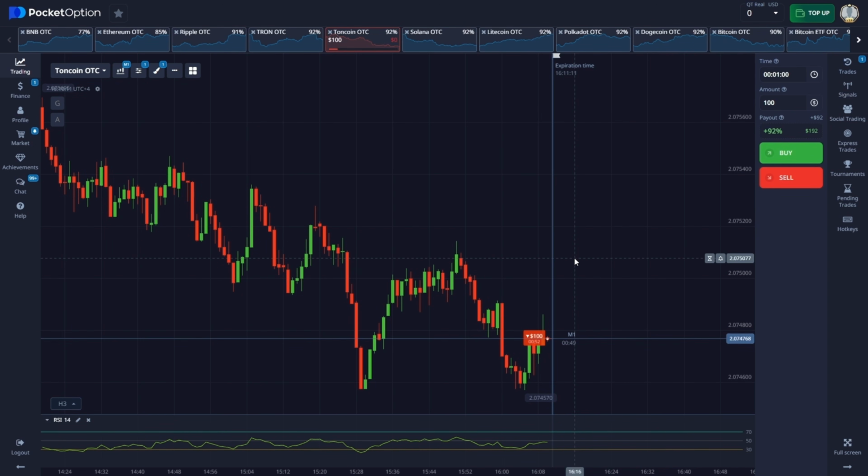As you can see, the previous green candle closed near the RSI level of 50, so that's why I took this trade for the downside move. You can also see that there's a downtrend. Currently, the trade is going in our favor, but we still have 34 seconds left.